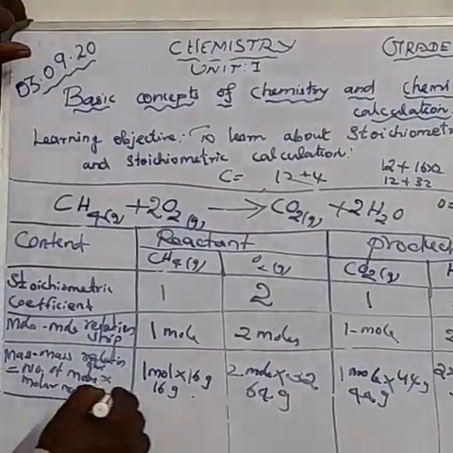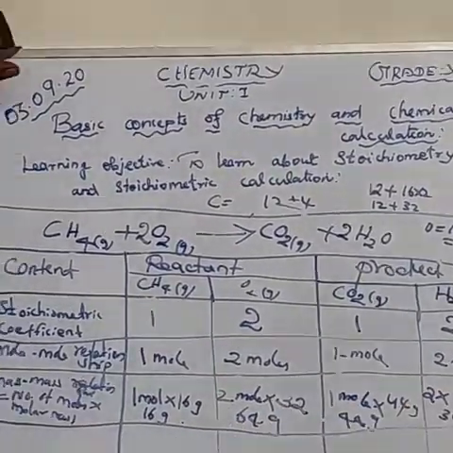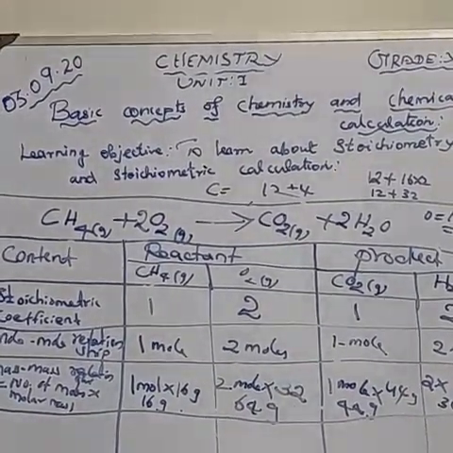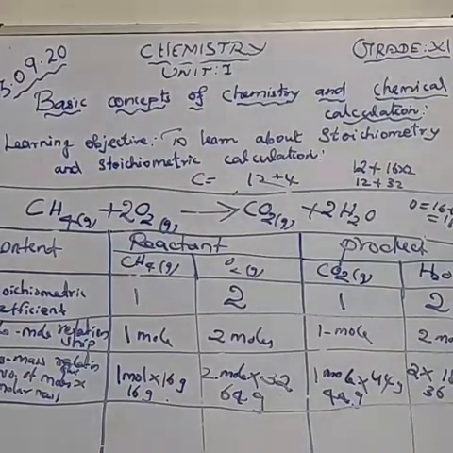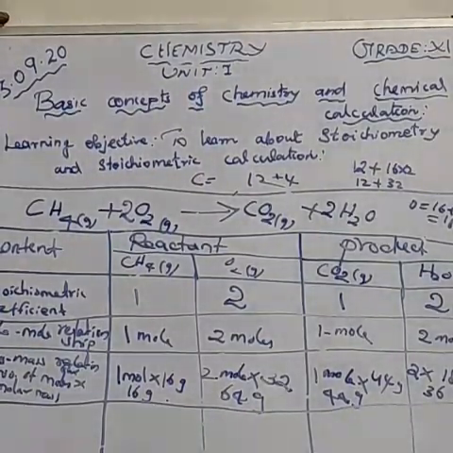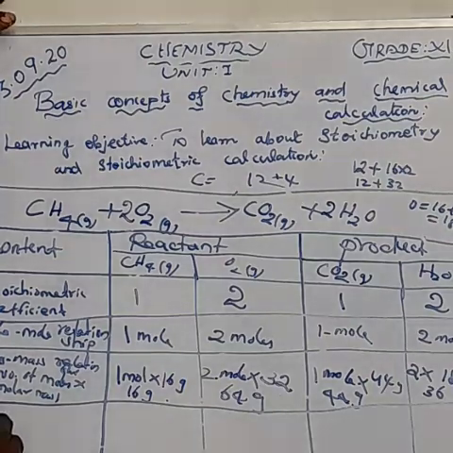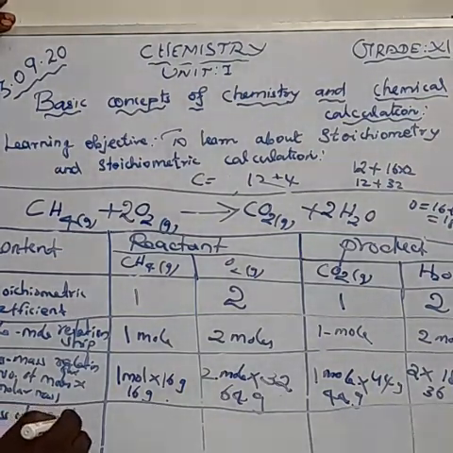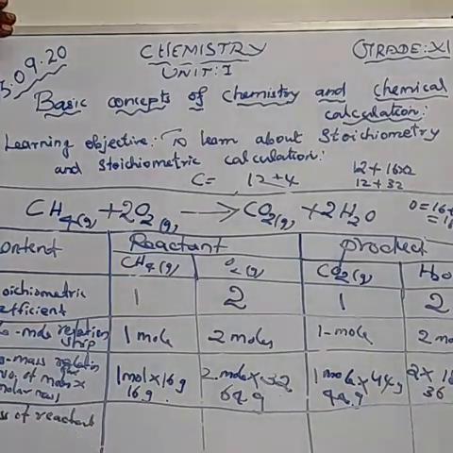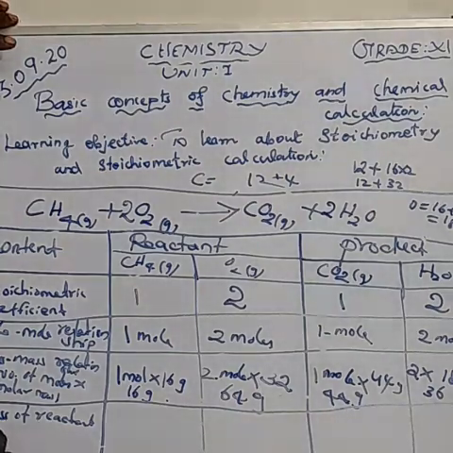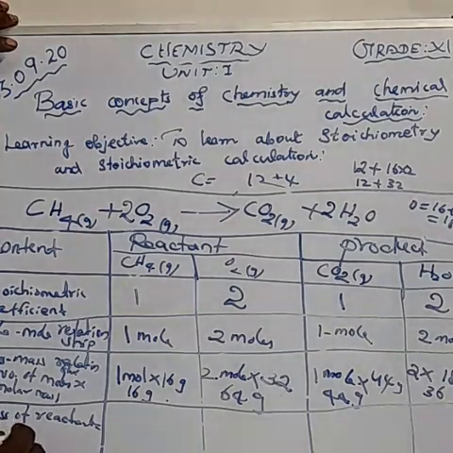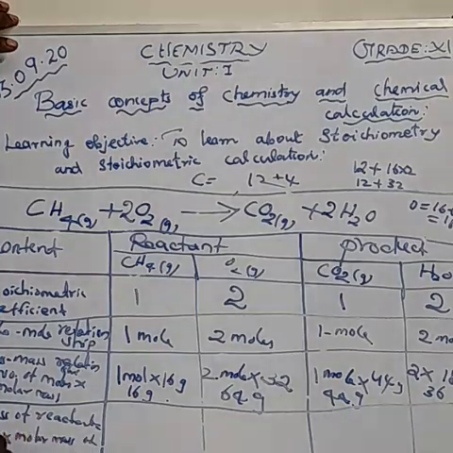This is the mass relationship: mass is equal to number of moles into molar mass. Next, the mass of reactant is equal to mole into molar mass of reactant.